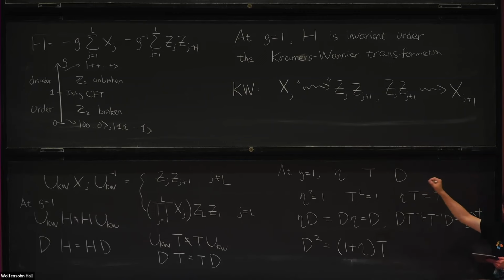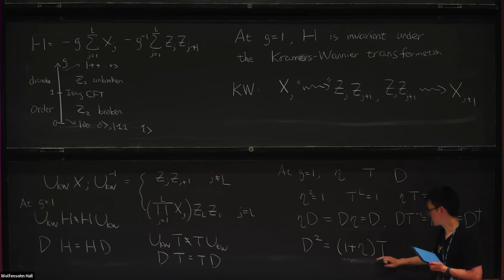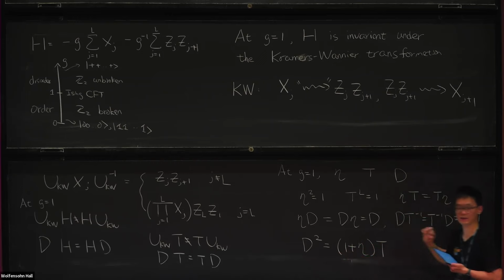So it's as if the Kramers-Wannier transformation is a half-lattice translation. But that notion is not precise because on the Ising chain, you cannot really do a half-lattice translation. You only have L sites. What does it mean to translate by half a site? The precise meaning is that you have an operator D that doesn't have an inverse, but when you square it, it's a projection operator times the lattice translation by one site. So this equation is the precise meaning why we can view Kramers-Wannier as a half-lattice translation in the Z2 symmetric sector.